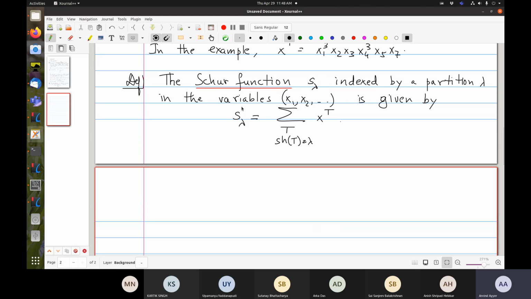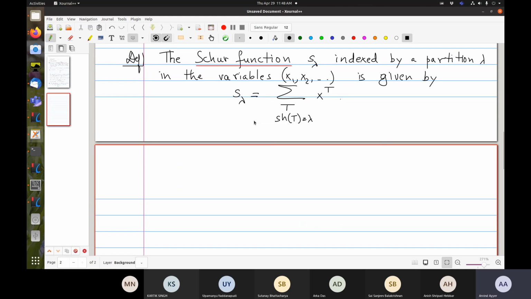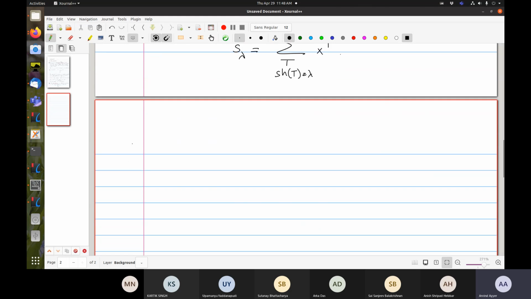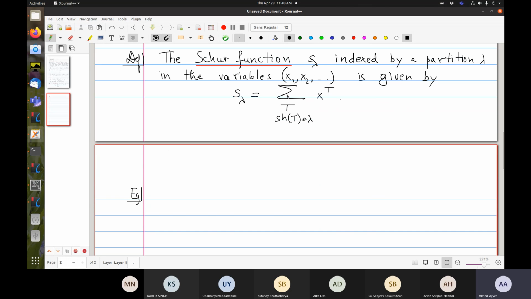So this is the Schur function. Okay, so for now we don't have any property of this other than the fact that it's a formal power series in infinitely many variables.